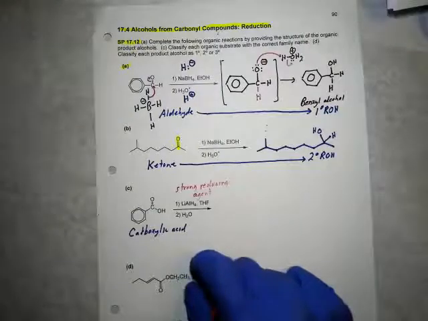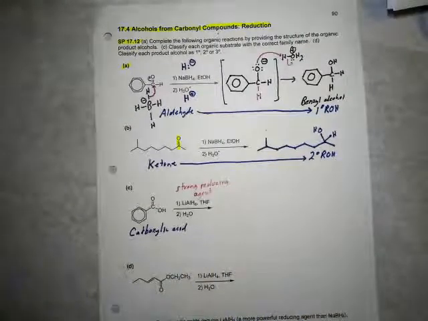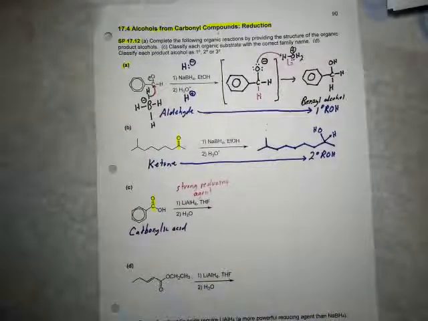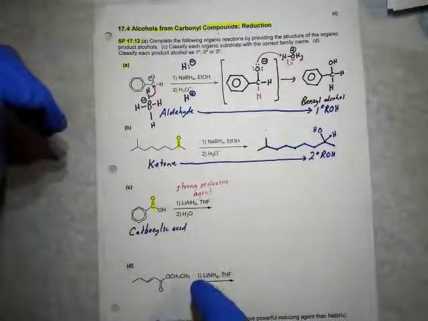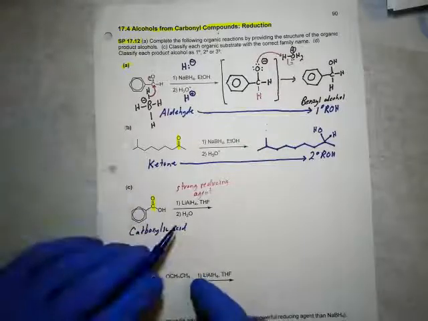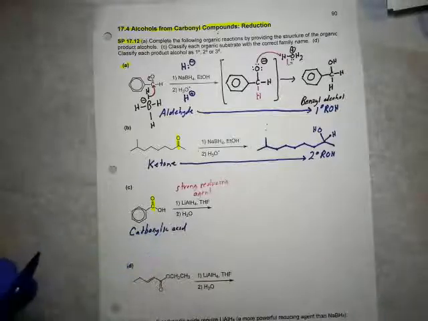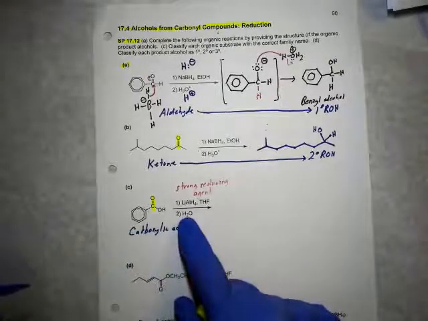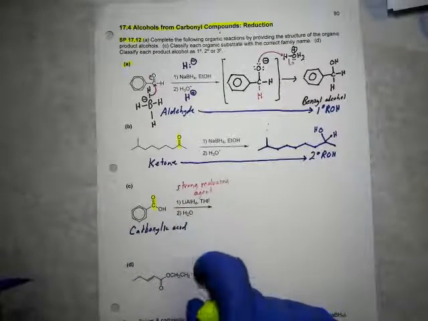What happens here with the lithium aluminum hydride is that we end up reducing that functionality in its entirety. Okay? Notice too that we're quenching with water, but you could just as easily have used acid here as well, so long as you have a proton source.